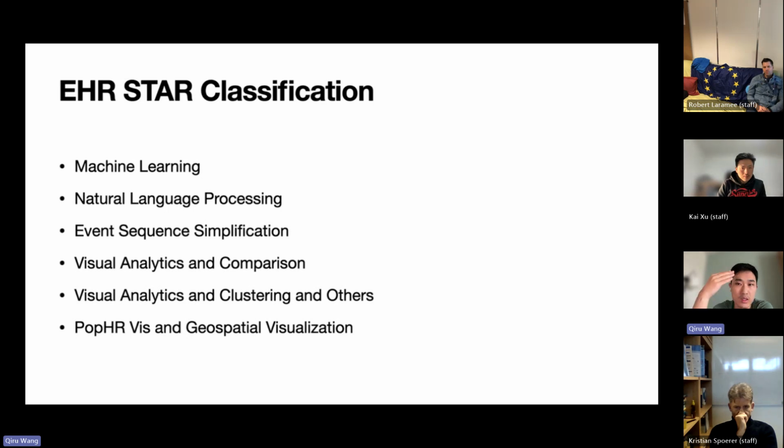They never say that their contributions lie in the themes listed here, but they're actually using techniques from visual analytics or clustering or some other visualization techniques. And although Letterbase adopted many techniques from natural language processing, its focus was never to advance natural language processing techniques. So that's why I don't categorize it under NLP.